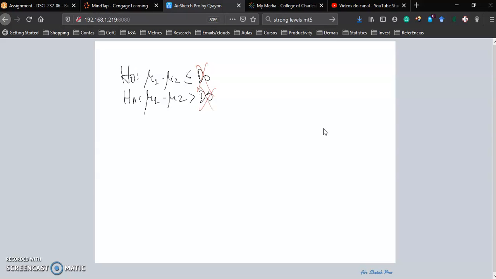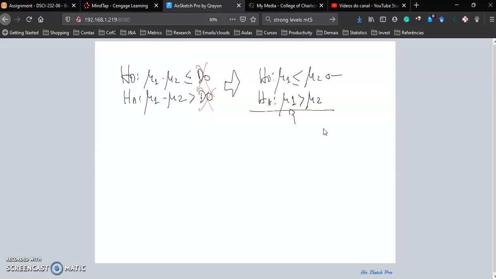So what I really could do is show that this hypothesis is something like mu1 is smaller or equal than mu2 for the null. For the alternative, mu1 is higher than mu2.